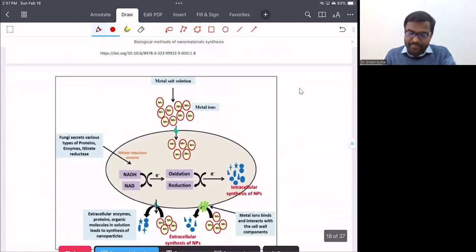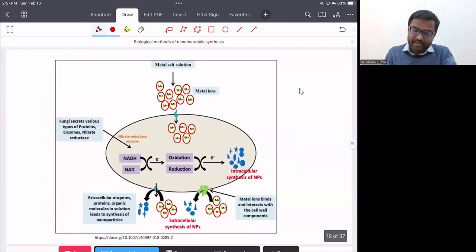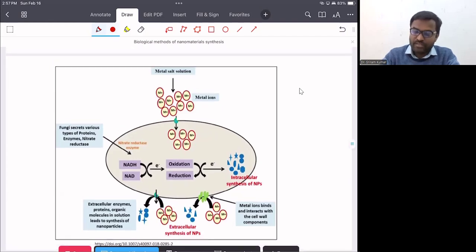If you want to understand what is happening there, suppose we have a culture of fungus, the growth phase of fungi culture.